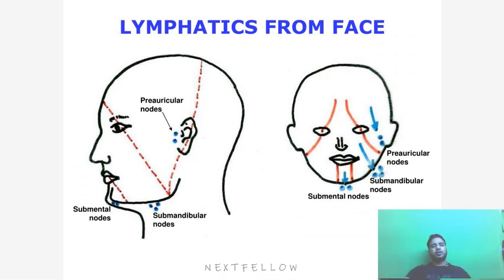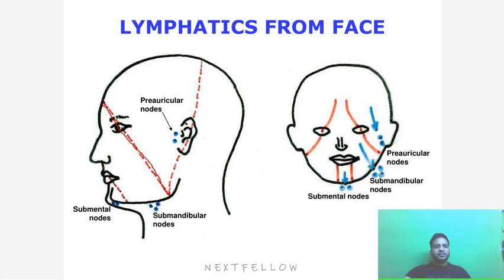Now let's discuss the lymphatics from the face. Let's have a basic idea. Let's draw a line crossing the eye going till the angle of the mandible. So this line divides the area above and the area below.